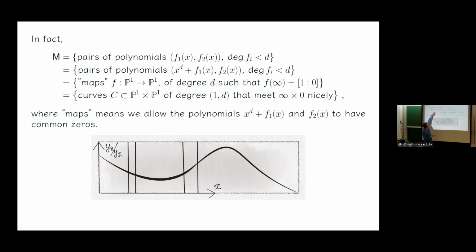And this is a map, so to speak, in quotes, because if I really want a point in projective space, it has to be the case that these polynomials don't have common zeros, because 0 over 0 is not a valid point in projective space. But it's okay to allow these things. In this particular instance, you can imagine that every time these have a common 0, this somehow takes all possible values.